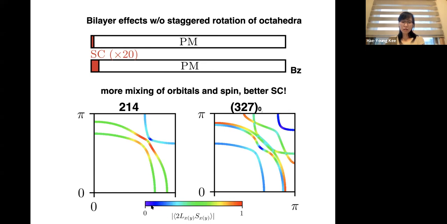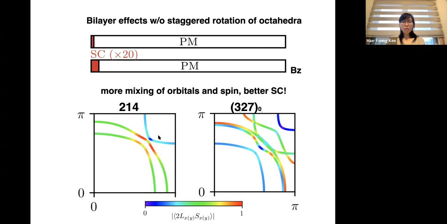This is the intensity of the spin-orbit coupling, like LX-SX or LY-SY. By symmetry, these are identical, so we can just plot one. And this is a quadrant of the Brillouin zone from 0 to pi. So in the 2-on-4 case, this spin-orbit coupling is most mixed along the diagonal direction, which makes sense because these are where the orbitals most meet together.